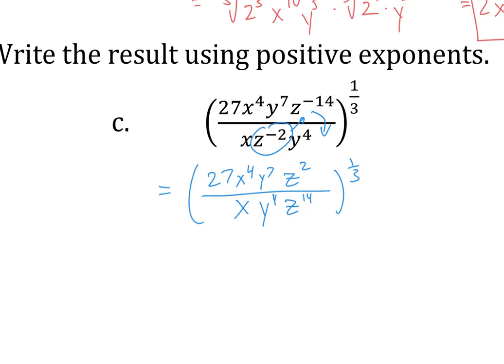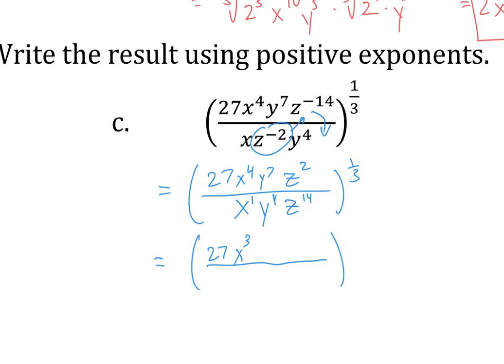Now let's go ahead and use our division rule, which is dividing powers means we subtract the exponents. So let's leave the 27 alone because it's the only number. And then we've got x to the 4th divided by x to the 1st. We subtract that.